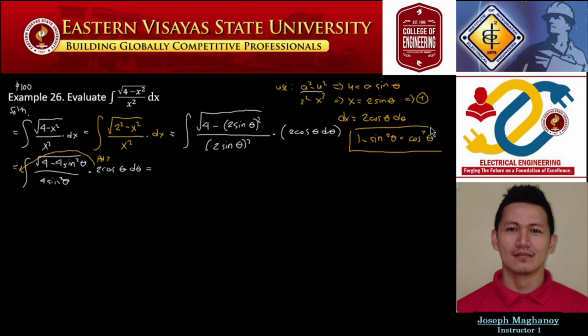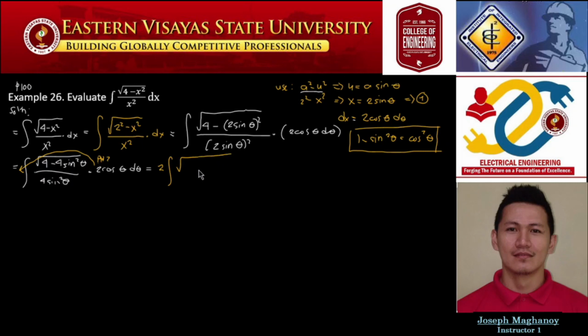So some of our identities. So we use that identity here. But before you can use this identity, you need to simplify or factor out 4 in this quantity. Okay, so we carry out 2 outside the integrand.